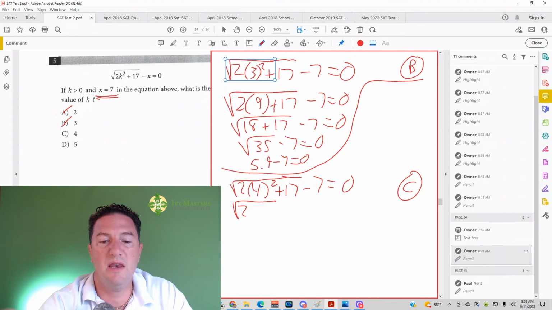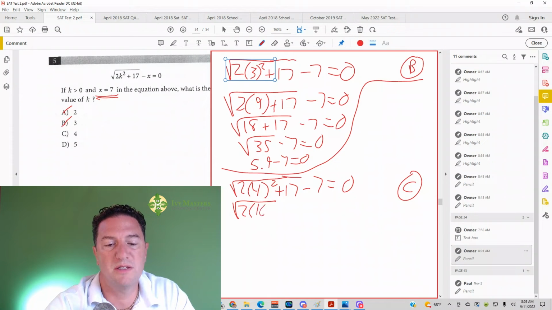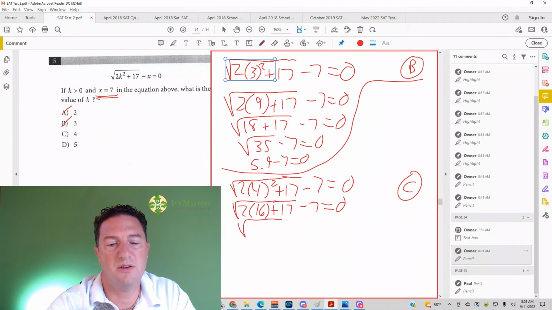Now within the root, you've got an exponent first, so we're going to do that first. 16 plus 17 minus 7 equals 0. And we get the square root of 32 plus 17 minus 7 equals 0. And you get the square root of 49 minus 7 equals 0.